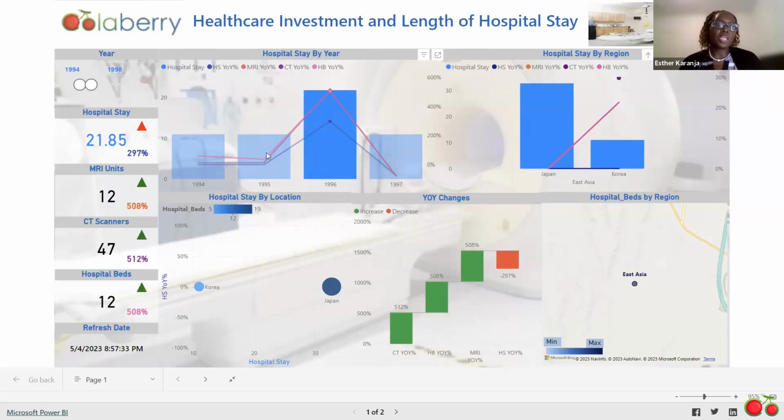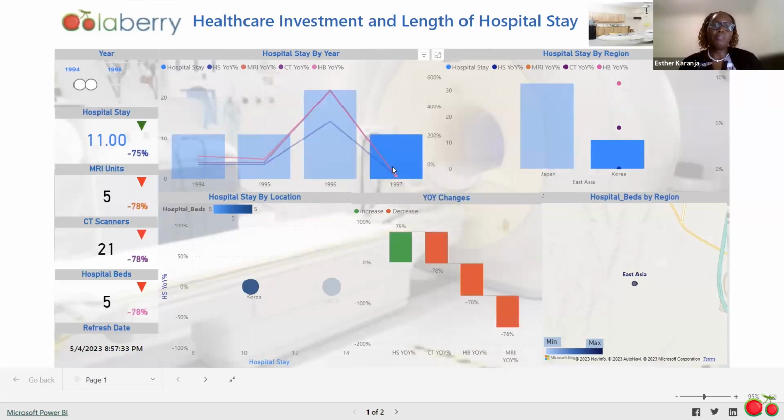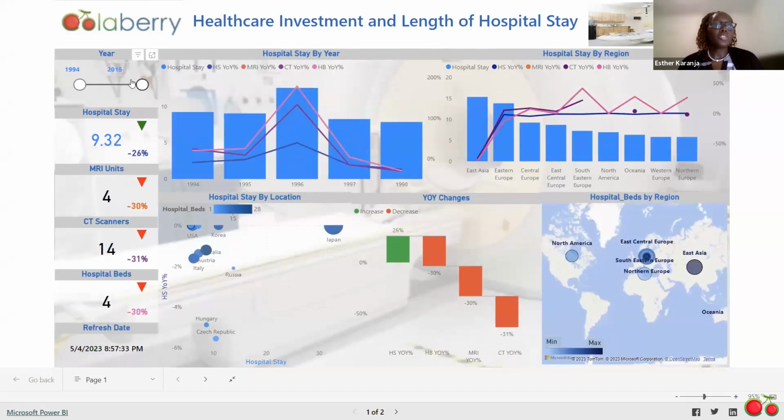So that led to that region increasing their MRI units, a big increase, and CT scanners and hospital beds. And after the increase, the following year the number of days in the hospital decreased significantly to 11 days.